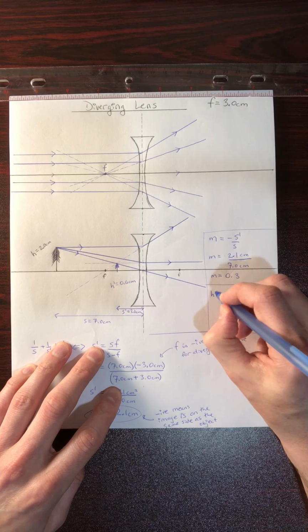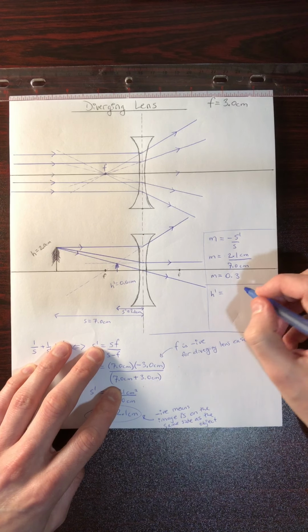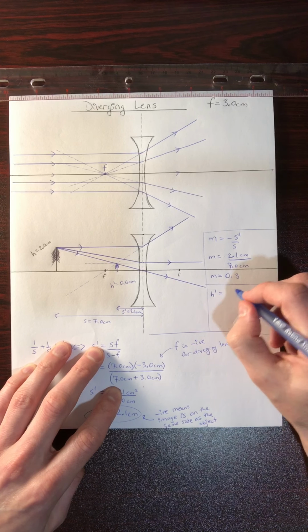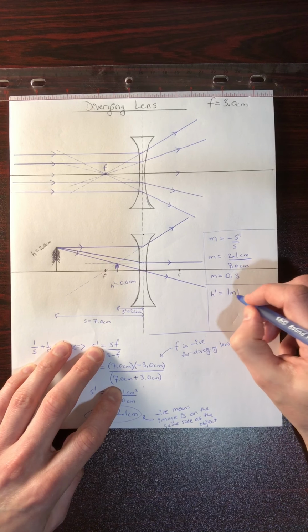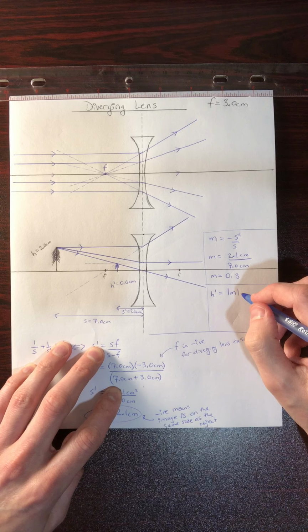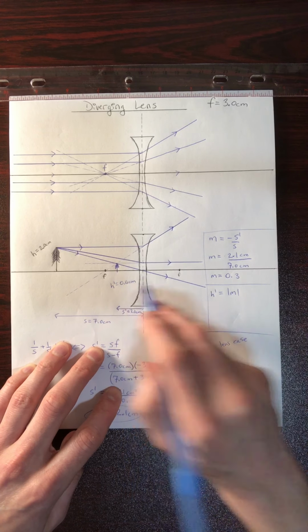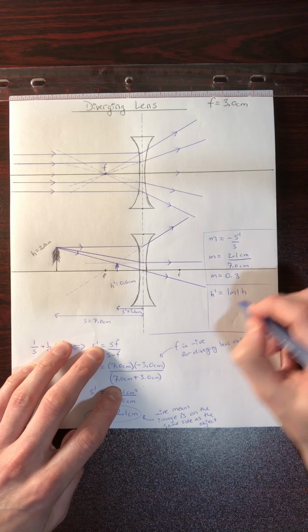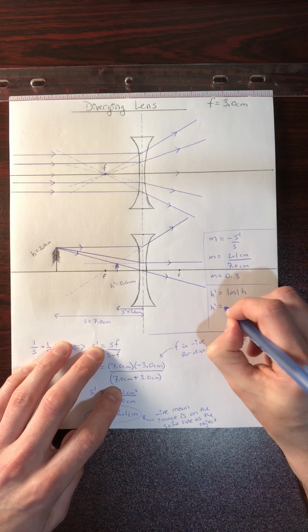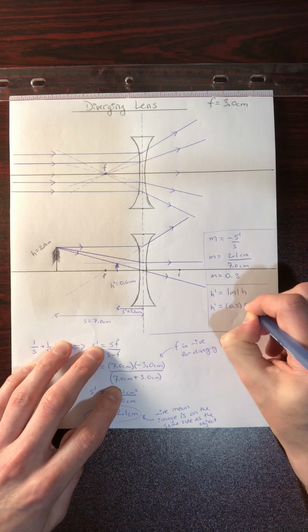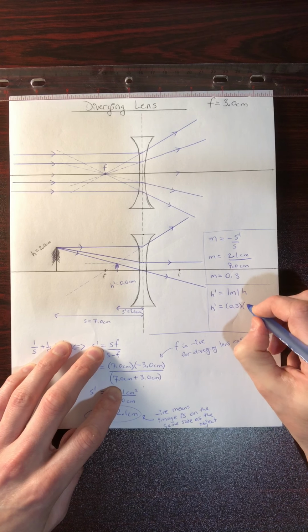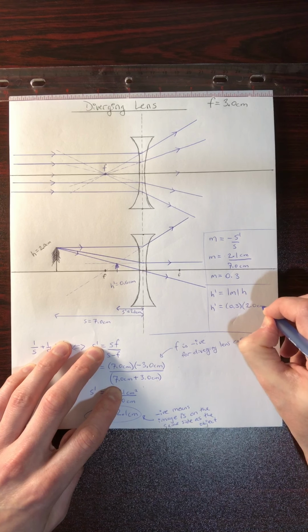And if we want to know what our resulting height of the image is, it's again going to be the absolute value of the magnification. The magnification being positive told us it was in the orientation that the original object is in. And so it's going to be 0.3 times the height. The original height was 2 centimeters.